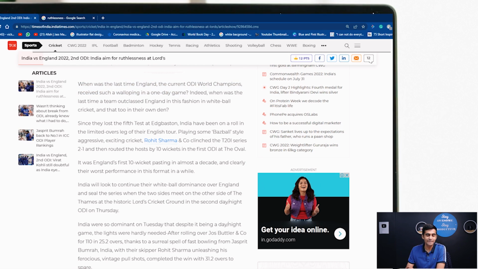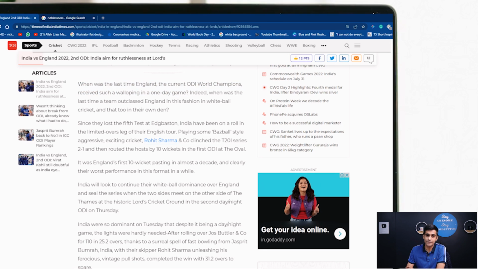Now, what is own den? The reference is to the place, England. The match was happening not in India, but in England itself. So the crux is, when was the last time that England, being the world champions, was defeated in a one-day game like this, and that too in their own country? You get this? That is the context.